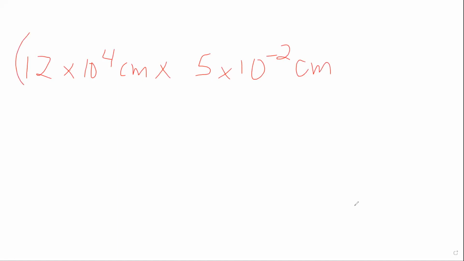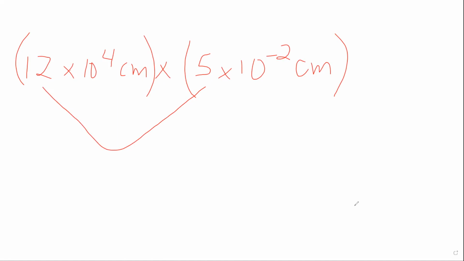But with multiplication, what you do, and I'm going to give you an example here: 12 times 10 to the 4th centimeters times 5 times 10 to the -2 centimeters. Okay, so this is one thing, and this is the other. So what you do is you multiply these two and you get an answer, whatever the answer is.